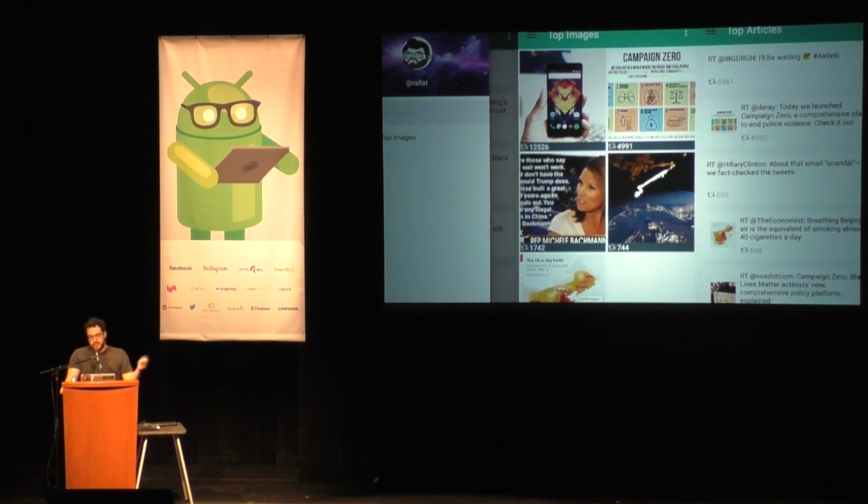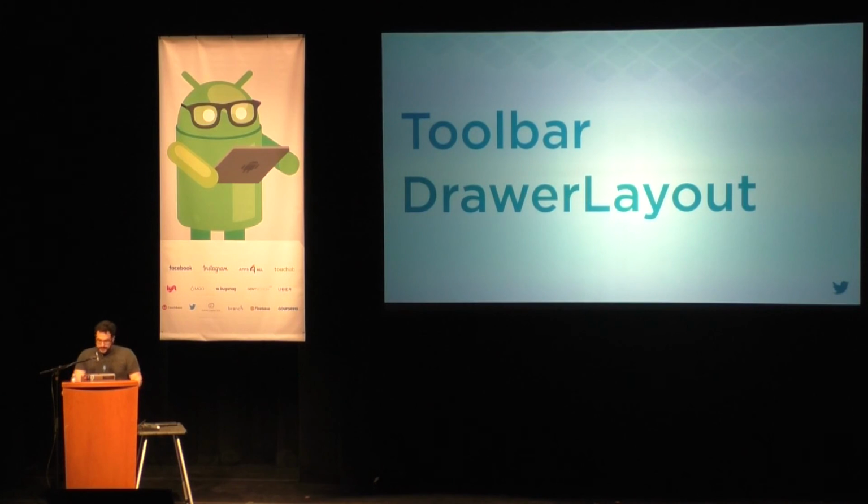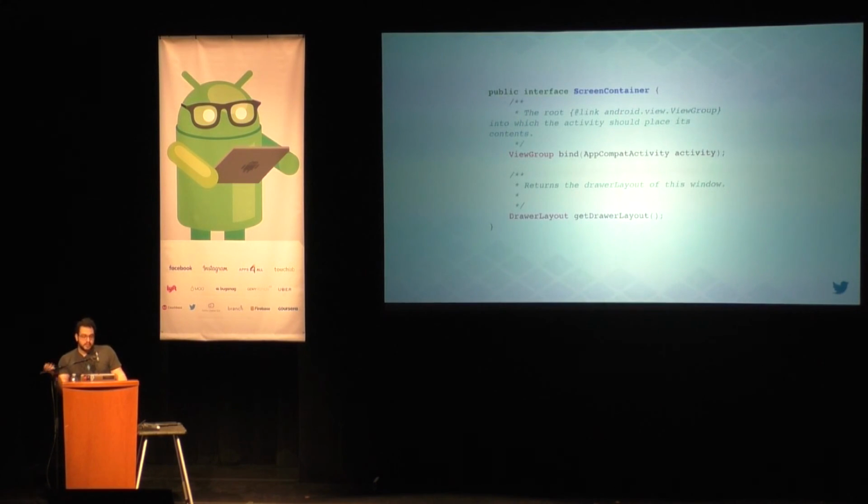So we should be able to reuse that and then just inject the content in the part of the screen that we want. For that, we can use another contract, a screen container contract, and it's as easy as binding an activity and returning a view group that is going to be injected, right? And then get the drawer layout because we want to show it and use it.